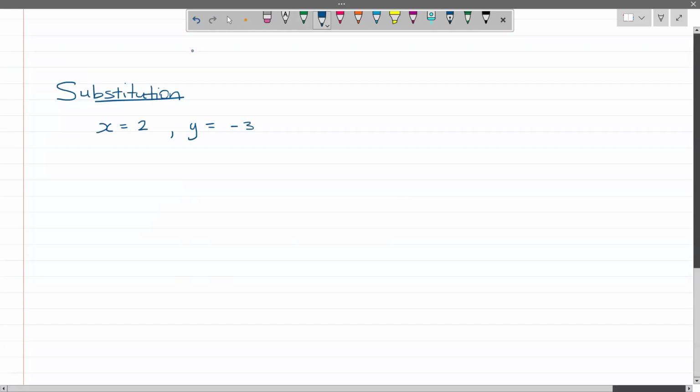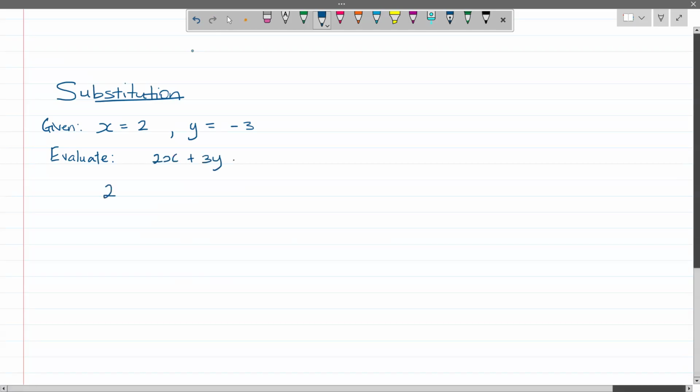So x is equal to 2, y is equal to negative 3. Now, if you're given x is equal to 2 and y is equal to negative 3, find or evaluate. Evaluate means to work out. 2x plus 3y.